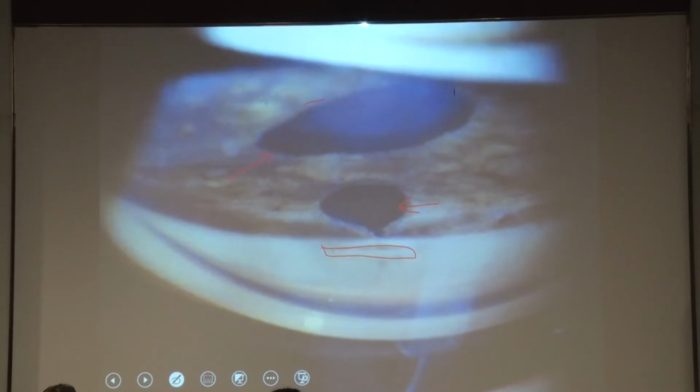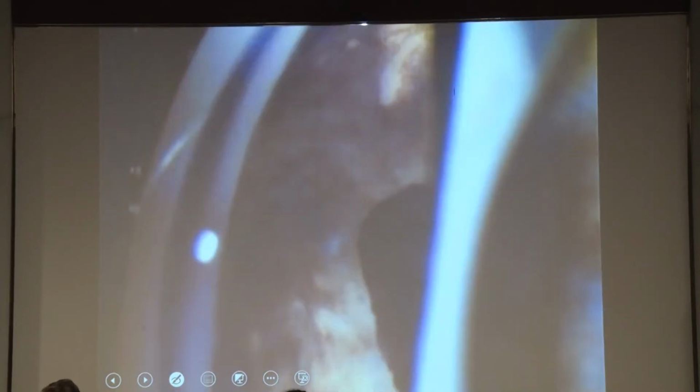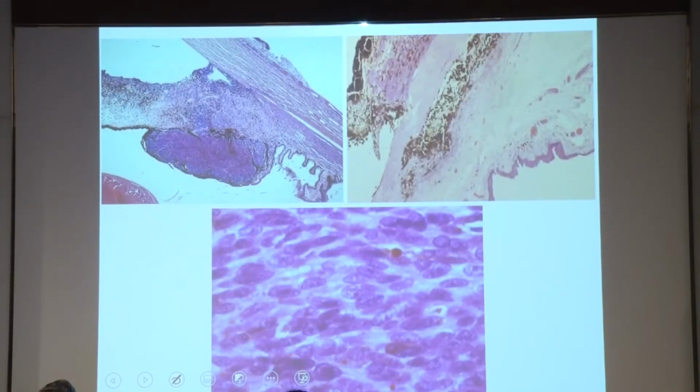See, the pupil shows corectopia and ectropion uveae, and behind the iris, behind the PI, you should see the lens, right, or a glow, but here you see something pigmented. So obviously the patient has a pigmented lesion behind the iris, and he has neovascularization of the iris as well. So this was a patient with iris melanoma which was missed, and a trabeculectomy had been performed in this patient.